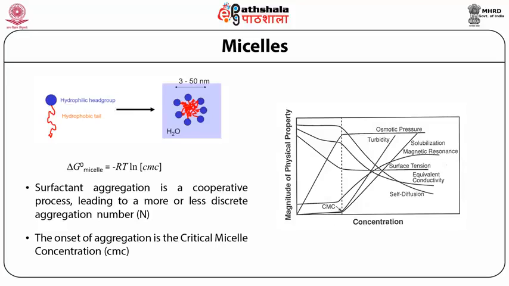Another important thing is that a lot of properties change after micellization compared with before. Osmotic pressure increases after micellization, and turbidity also increases. But a few things reduce upon micellization, like conductivity.